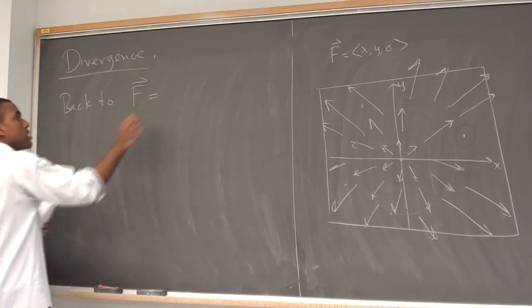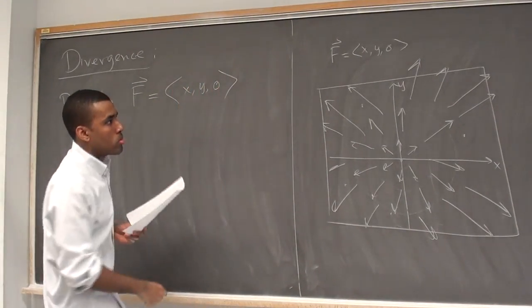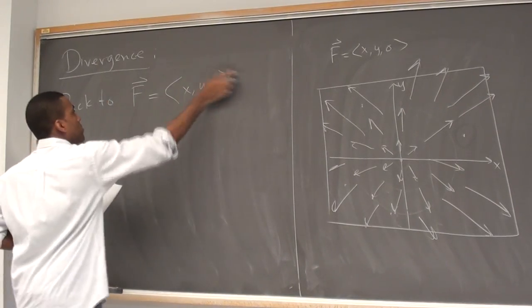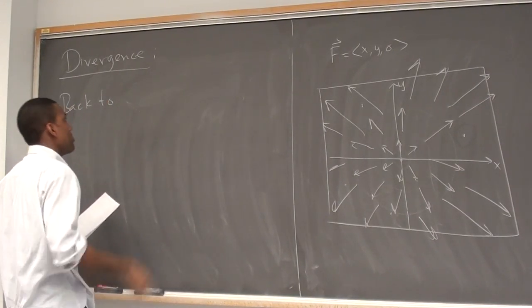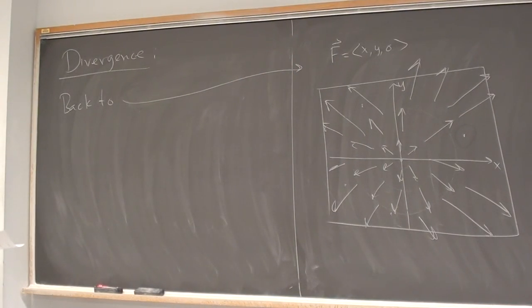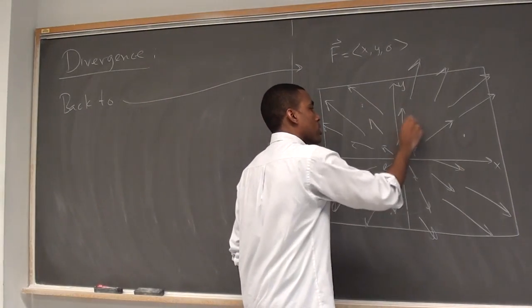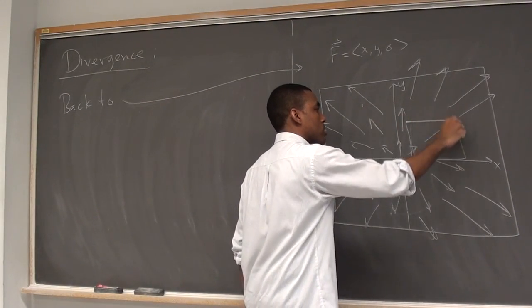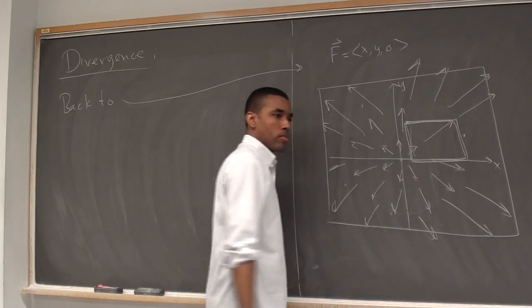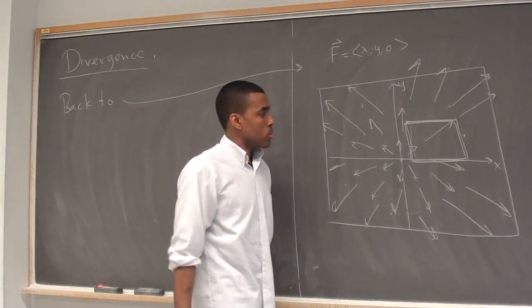So back to x, y, 0. All right, so we're looking at this vector field again, and what do you notice? Pick a region in here, like in this box. What do you notice about divergence within this region?